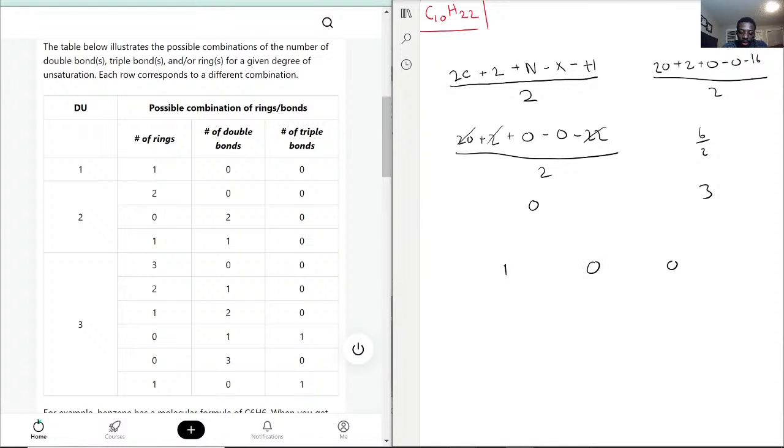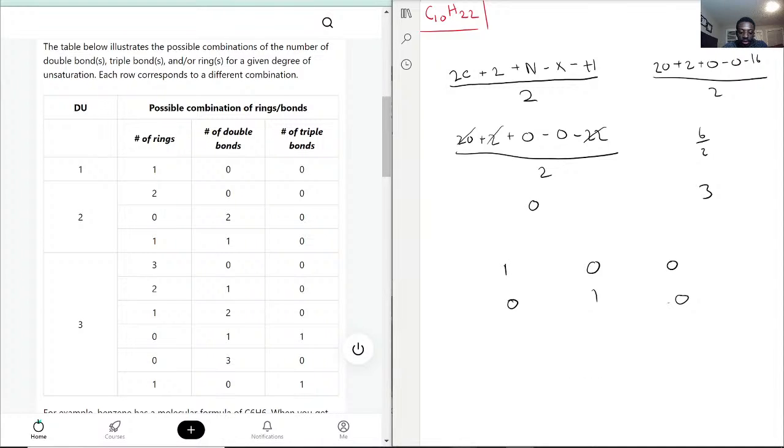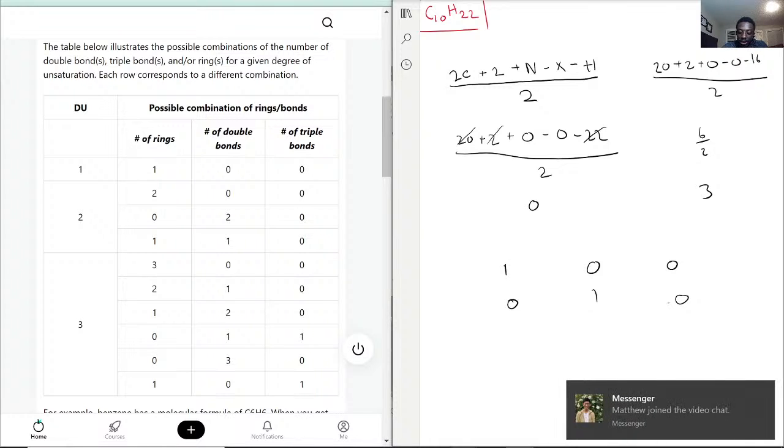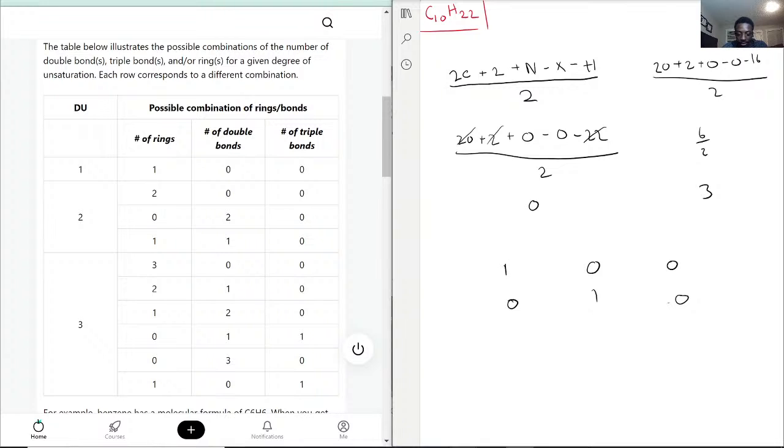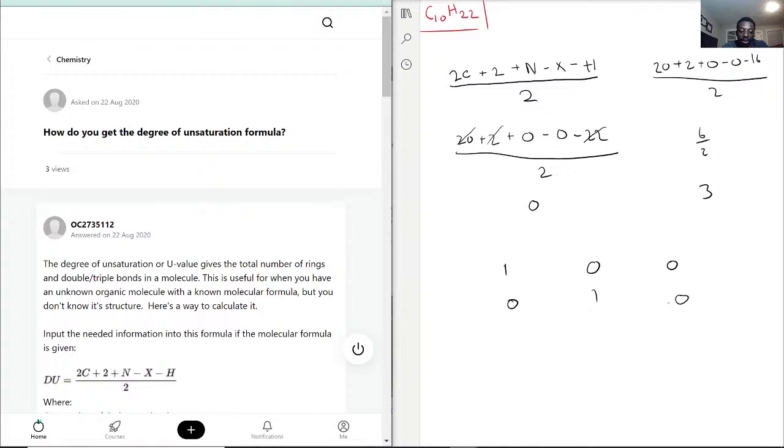So it should have been like this, or 0 1 0, because it can definitely have a double bond without a ring. So with that being said, that is what we have here for the degree of unsaturation.